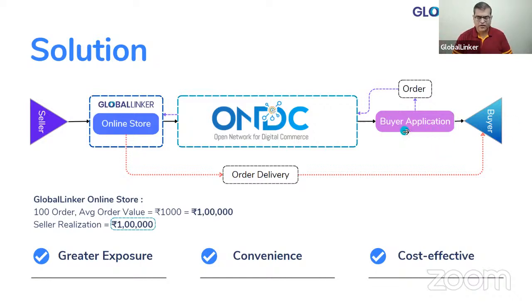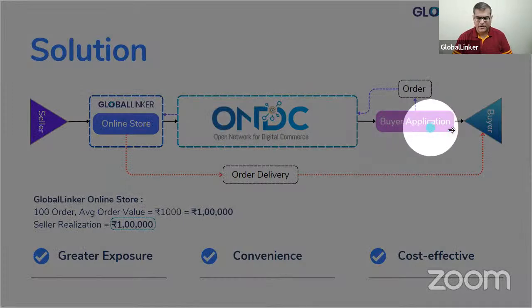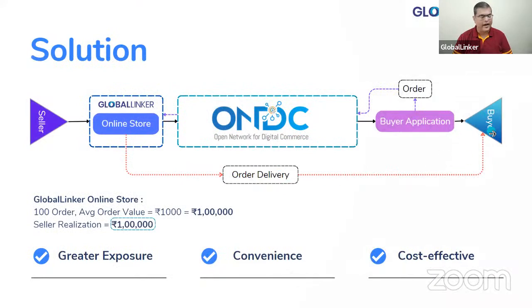The buyer will come to the buyer application and place an order, which again through the ONDC network will be transmitted to your online store. You'll fulfill that order and the buyer will get the product, right? So this is like a bridge which is connecting you as a seller with the buyer through the network and buyer application.